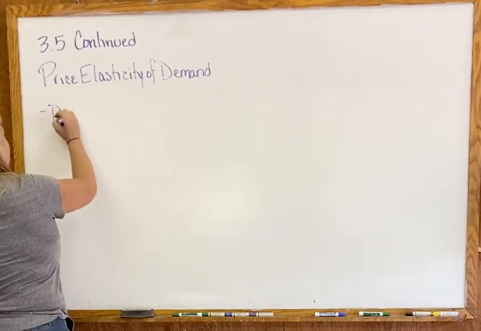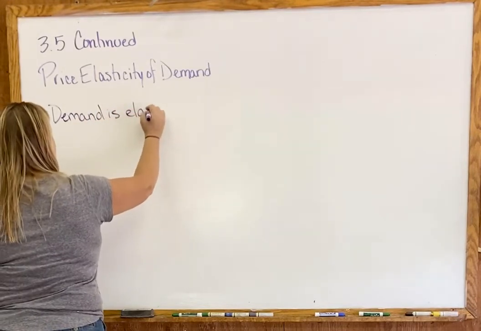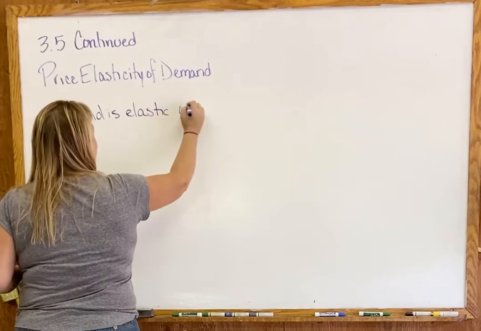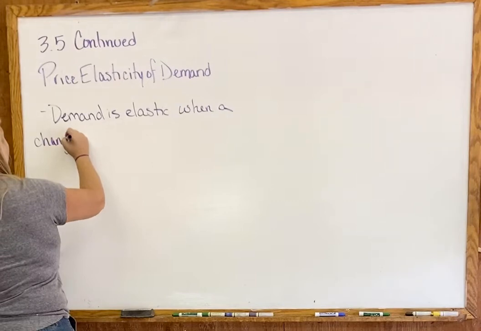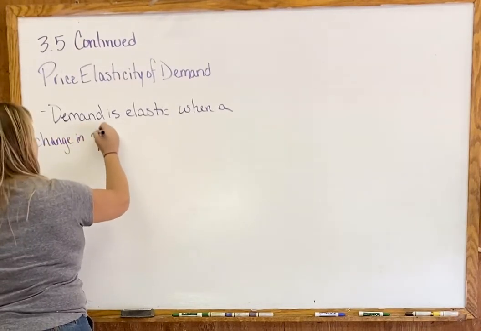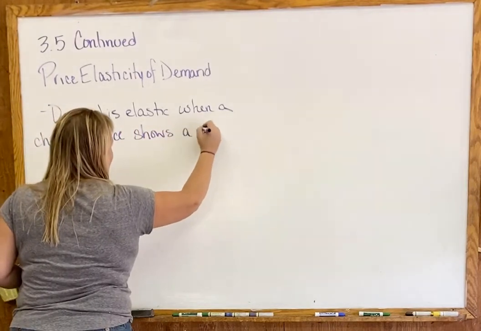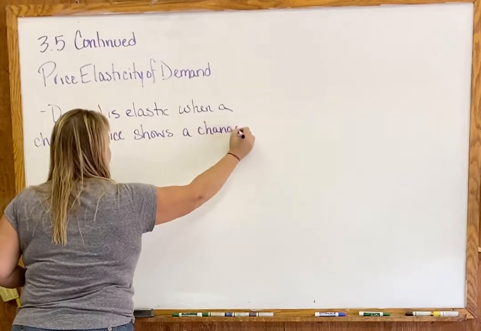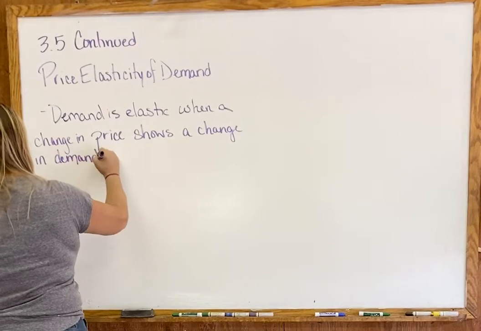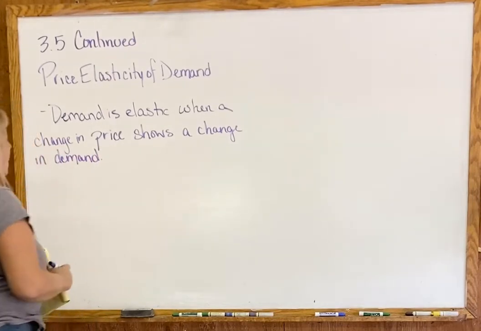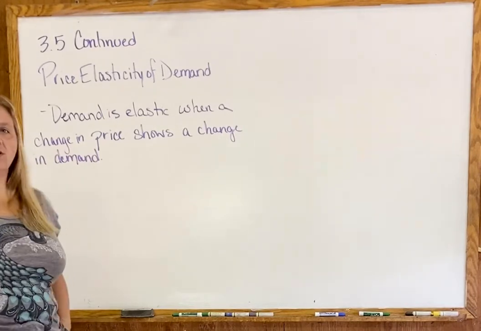We say demand is elastic when a change in price shows a change in demand. All right, so elastic means that if the price changes, the demand is going to change with it.